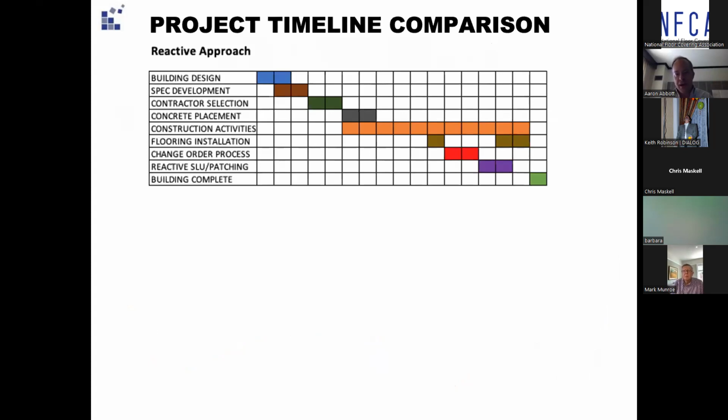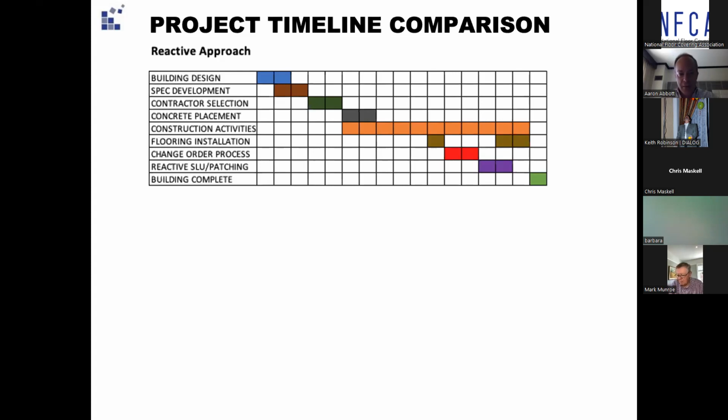All right, let's talk about a theoretical Gantt chart and compare two methods. We'll call the first method the reactive approach. This is oversimplified, obviously, but it covers the things we need to talk about in this discussion. A typical building project will start with design. The architect will design the building in consultation with the developer.